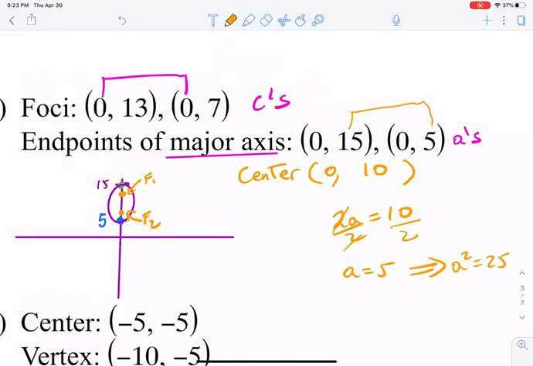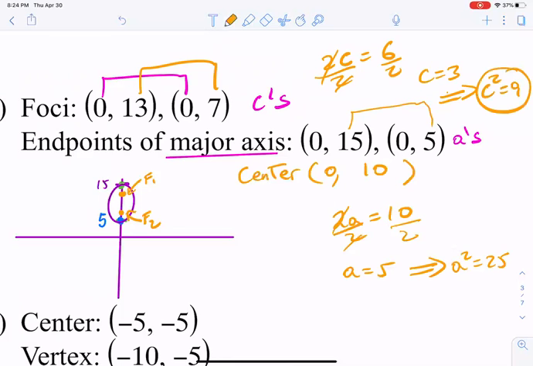And now I need to find out what's the value of c. The value of c is this part. What is the distance from 7 to 13? That's 6. So 2c equals 6, divided by 2, you get 3. So c equals 3, and if you square that, you get 9.